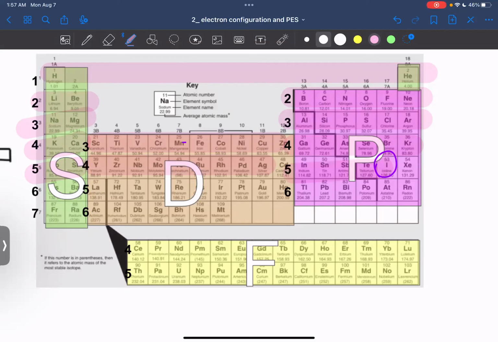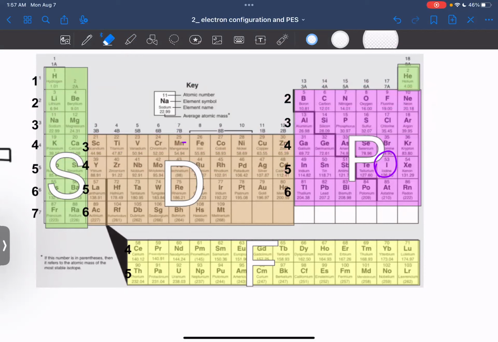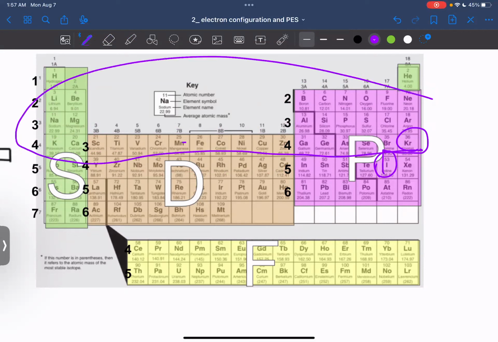We're done, right? Now, if we don't want to do this because it takes forever, we can do shorthand. One up, all the way down, Kr. That takes care of that whole row above. So we start from the new row: Kr, 5s2, 4d10, 5p5. That's what we're going to get.